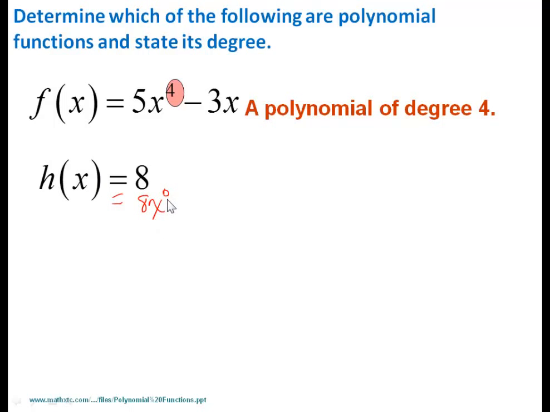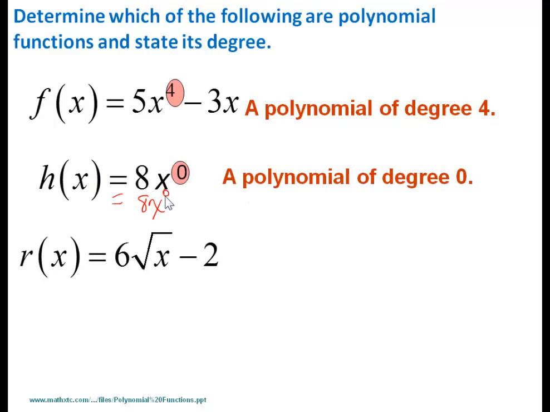Remember, x to the 0 power is the same thing as 1. Anything you raise to the 0 power becomes 1. So this becomes 8 times 1, which is equal to 8. So it is a polynomial function. It is written in the form of a polynomial. So I can say that it is a polynomial function, and the degree for this function is 0. This is a degree 0 polynomial function.